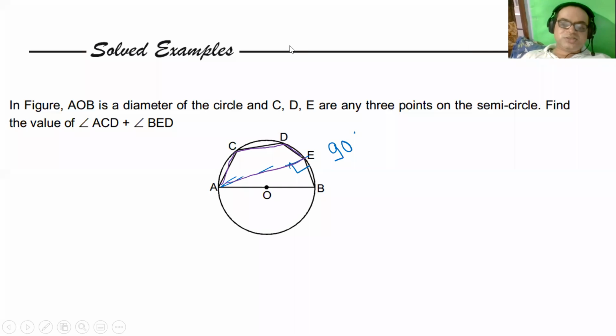So I can say that ACDE is a cyclic quadrilateral.